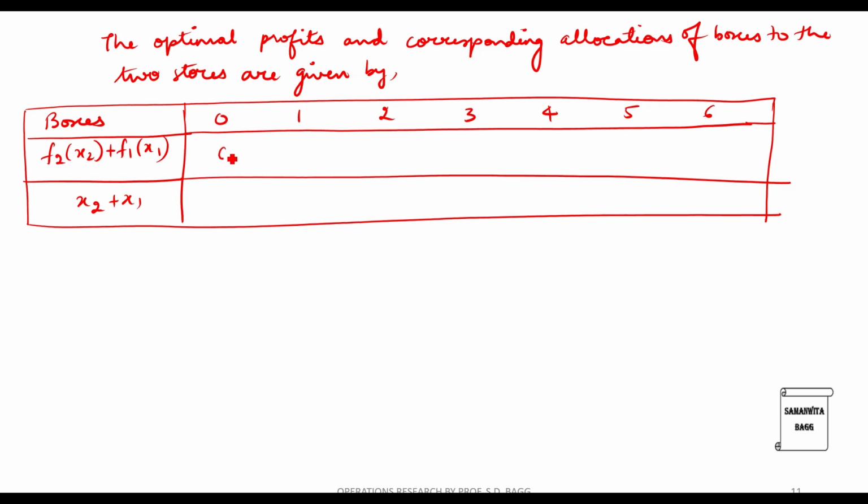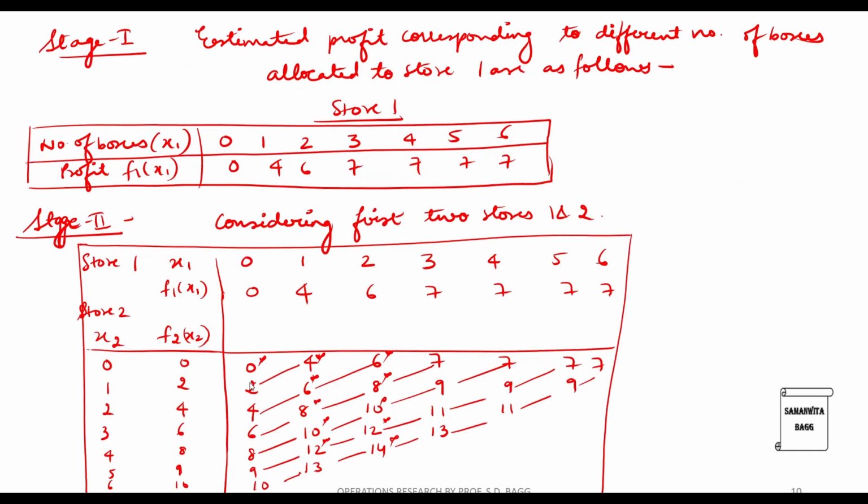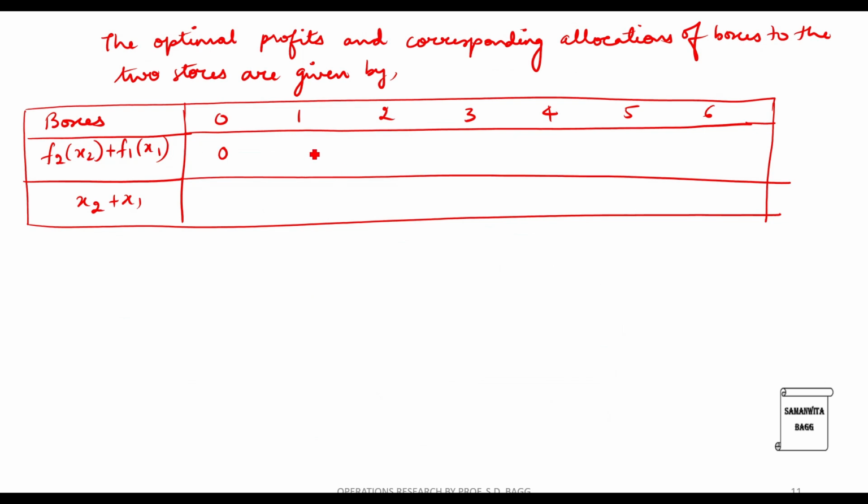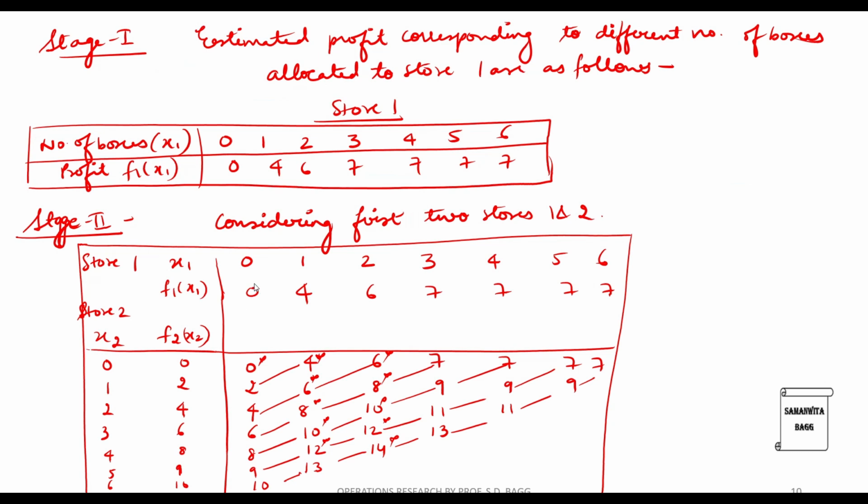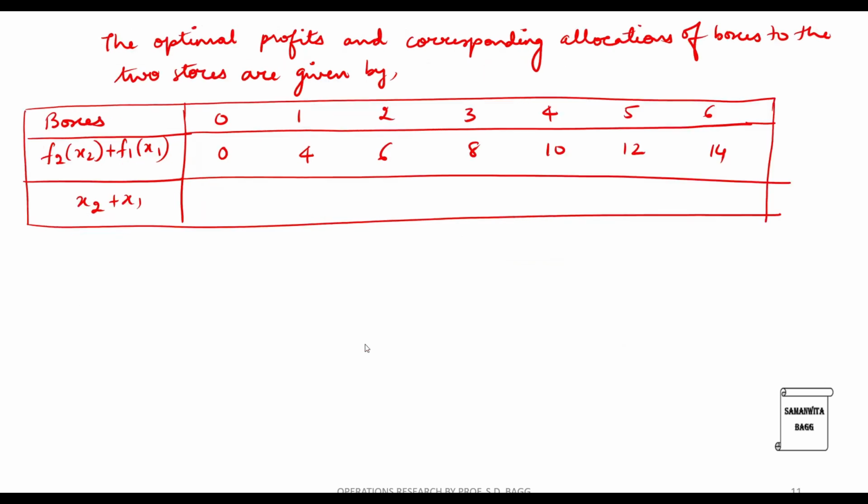Here I'm writing the maximum value. So for the first one it is 0, second 4, third 6. So I'll write down the values correspondingly. And finally I will write down the value of x2 plus x1 at this position. So x2 is 0, x1 is 0. For the second value, x2 is 0, x1 is 1.